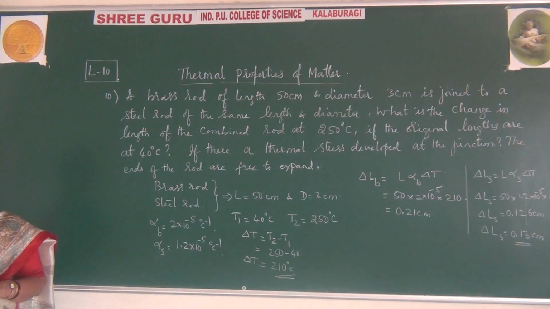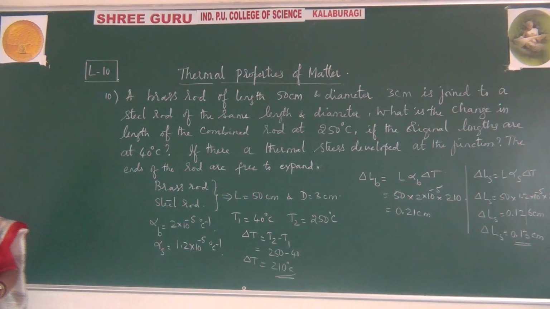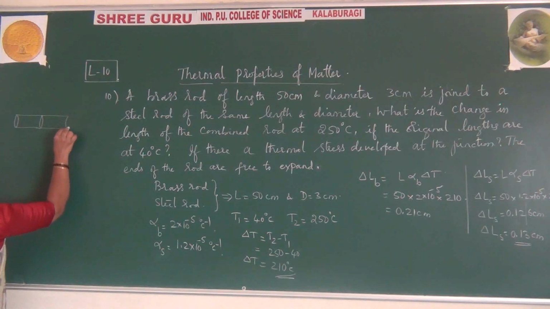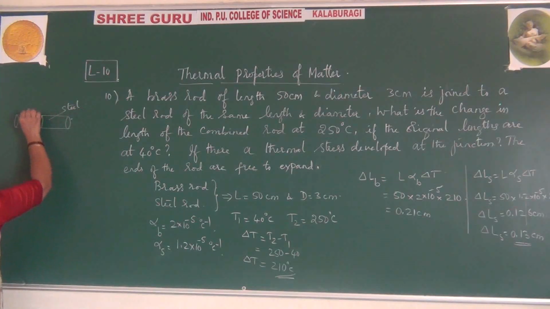Okay, change in length of the rods. Now let me write here. For example, if this is the brass rod, let me say this is the brass rod, this is the steel rod. Let me write this is the steel rod, this is the brass rod, right?